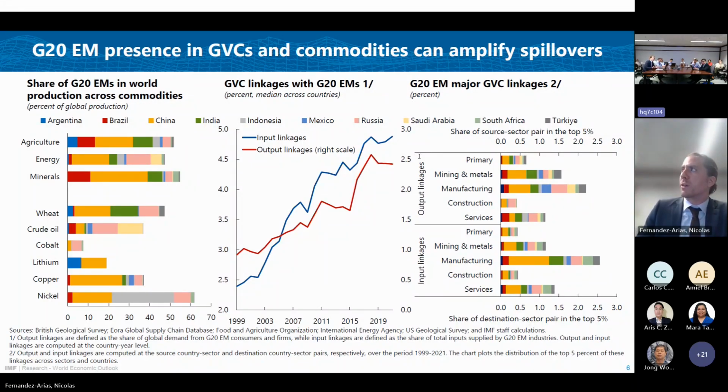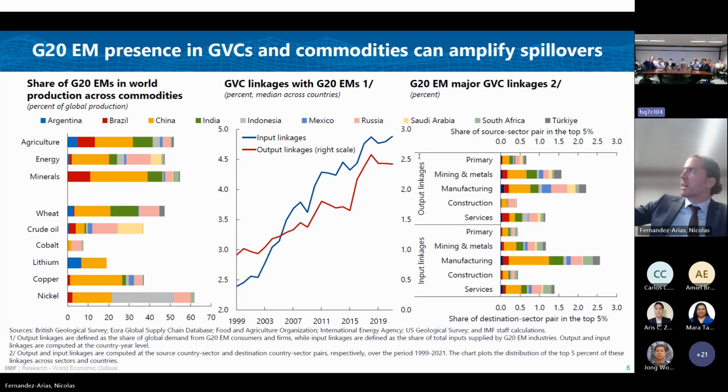We find that both of these have about doubled since 2000. So the median economy has increased its global value chain connection with G20 emerging markets.